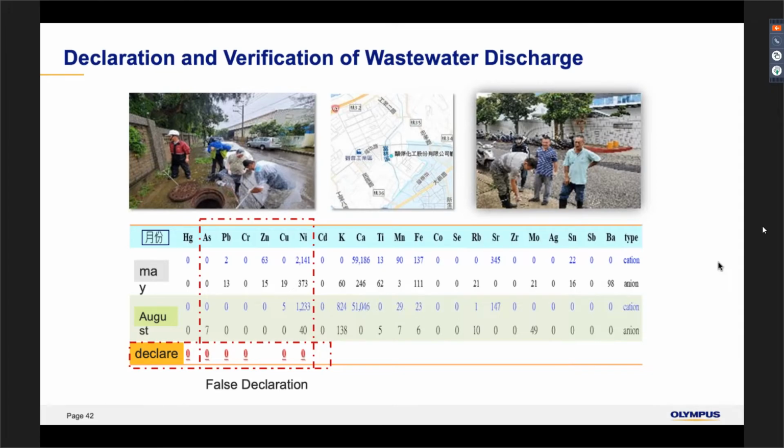So as you can read from some data here, you can see the calcium concentration is maybe 1,000 times higher than other heavy metals.